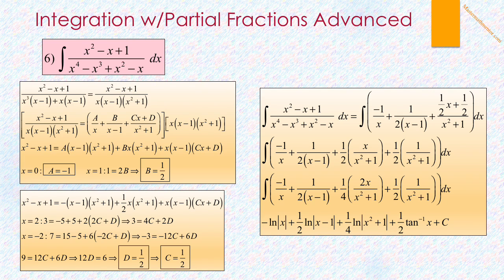The last fraction can be split into two fractions: 1/2 times x over x squared plus 1 plus 1/2 times 1 over x squared plus 1. The first of these, in preparation for some substitution, can be written as 1/4 times 2x over x squared plus 1. So now every expression can be integrated.